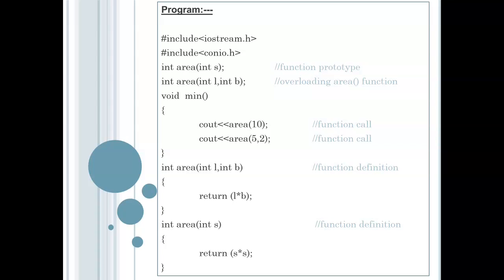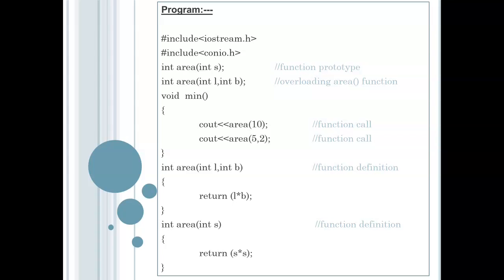In the first function definition, it will check. Here it has two parameters and the calling function also has two parameters. So this function will get invoked. After that, the calculation will take place and the calculated value is returned back to the calling function.